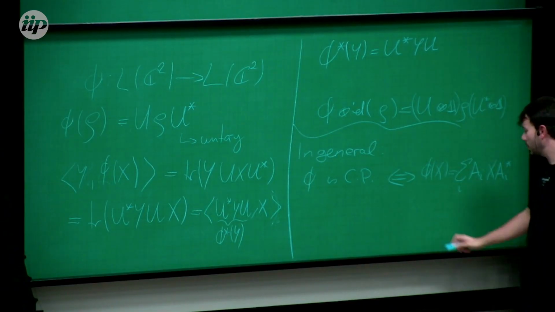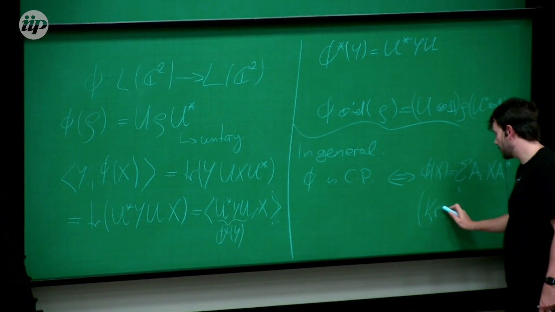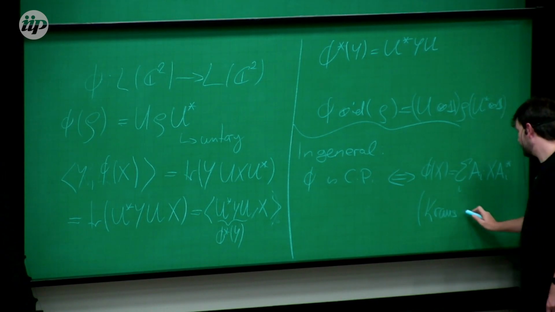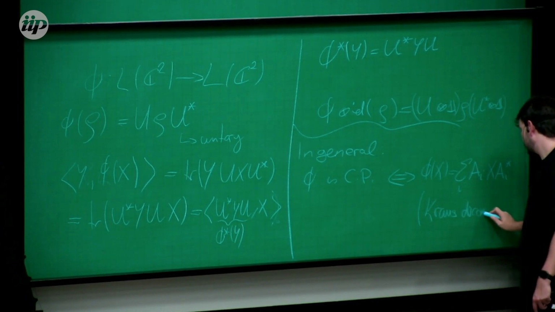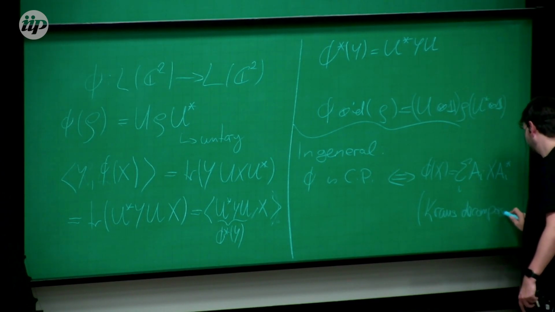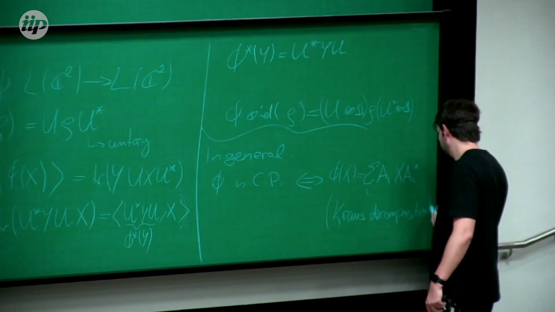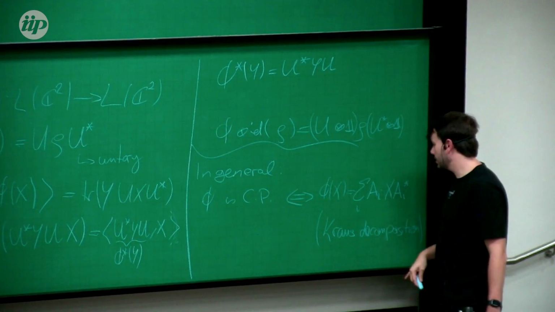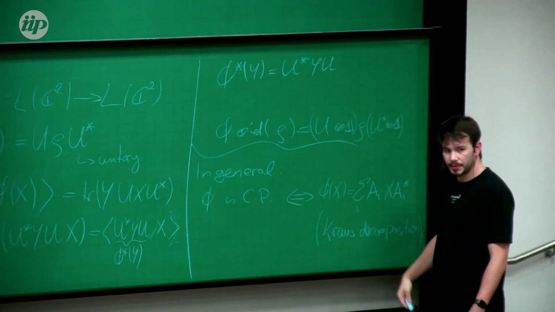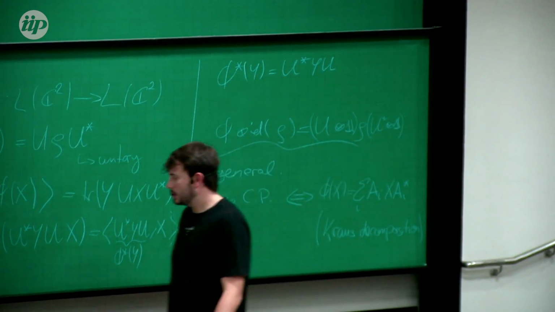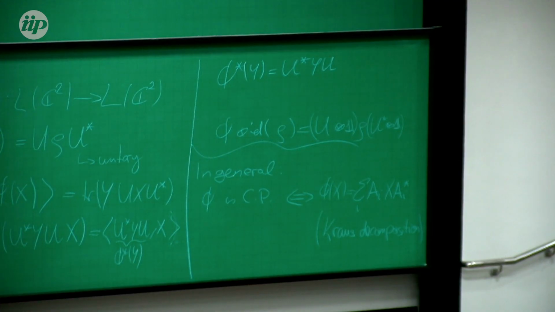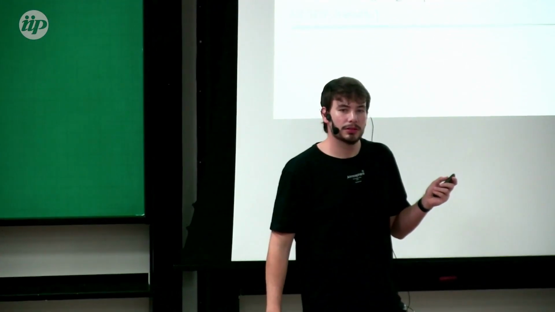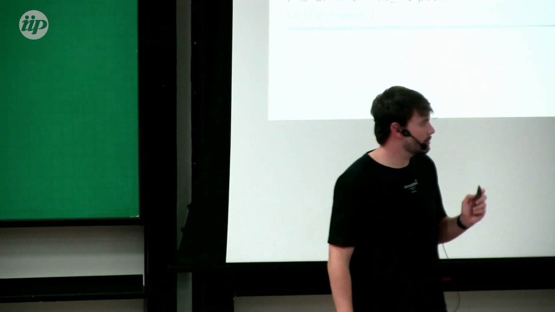This is the so-called Kraus decomposition. You can always write these completely positive maps in this form. Are the objects a bit more concrete now, or further questions, complaints? Nope. Then let's continue.